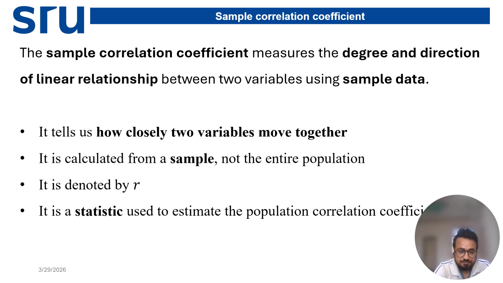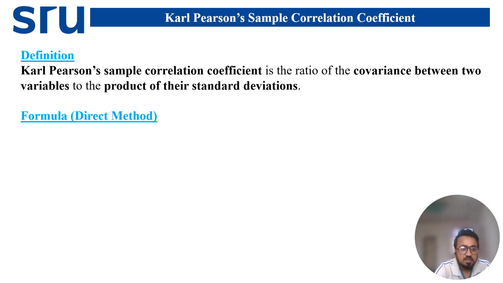So now we will discuss the Karl Pearson sample correlation coefficient. The Karl Pearson sample correlation coefficient is the ratio of the covariance between two variables to the product of their standard deviations.